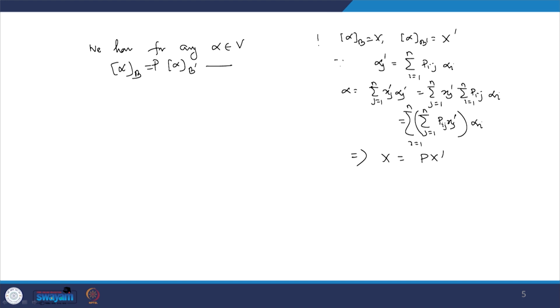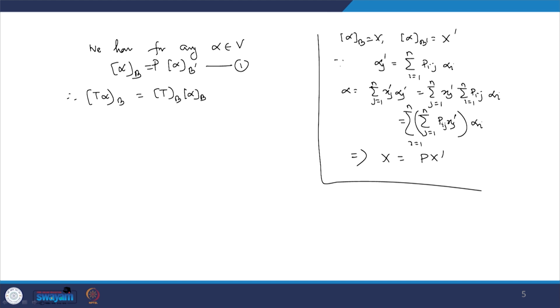So, using this we can check that for any alpha belonging to V, the coordinate matrix of alpha with respect to order basis B equals the invertible matrix P times the coordinate matrix of alpha with respect to B prime. So, the coordinate matrix of T alpha with respect to B will be equal to the matrix representation of T related to order basis B times the coordinate matrix of alpha with respect to order basis B. This we have proved just now.